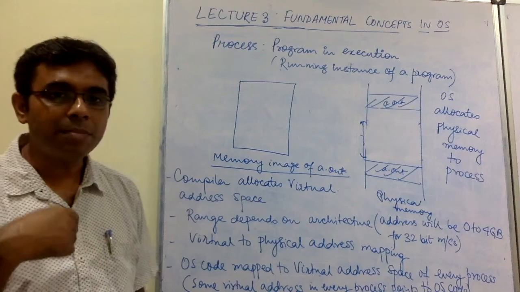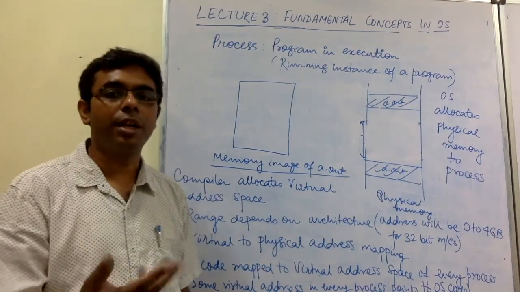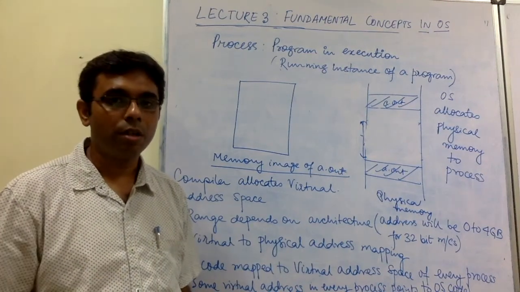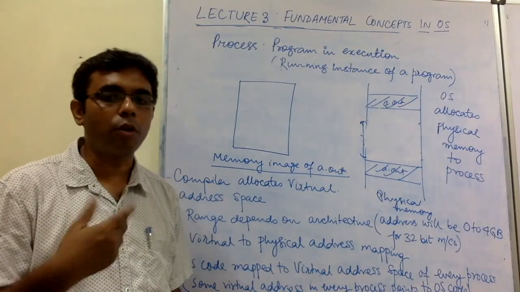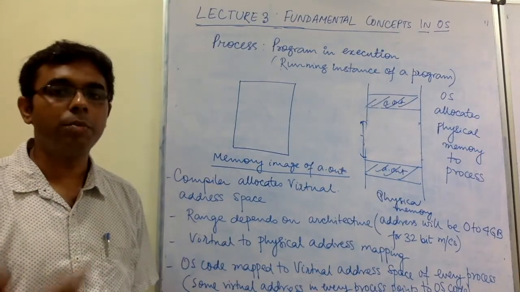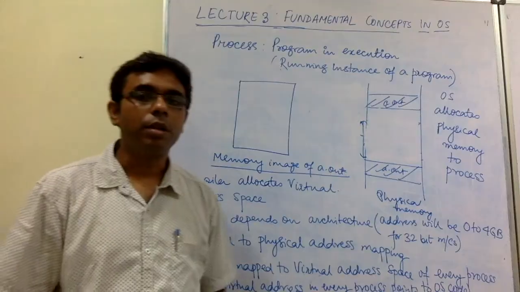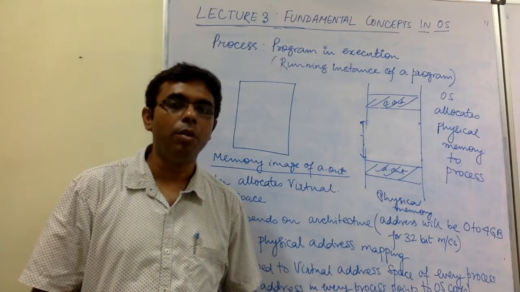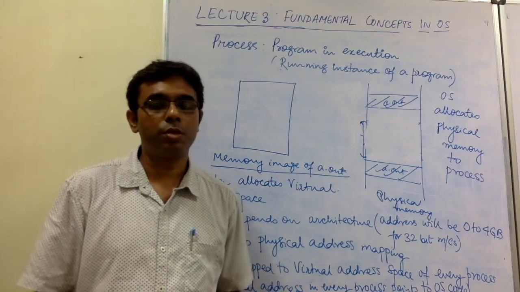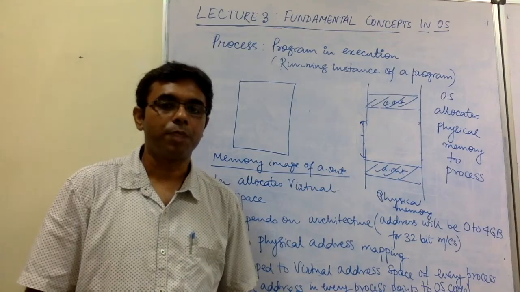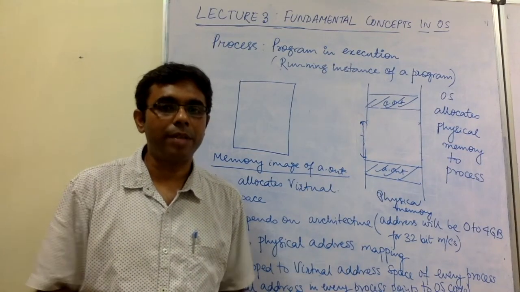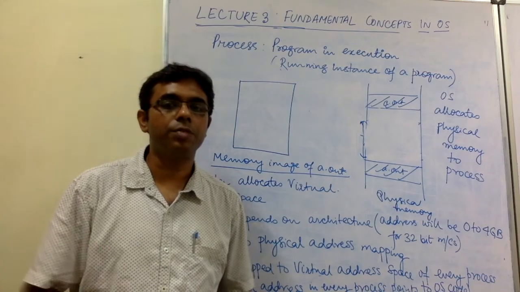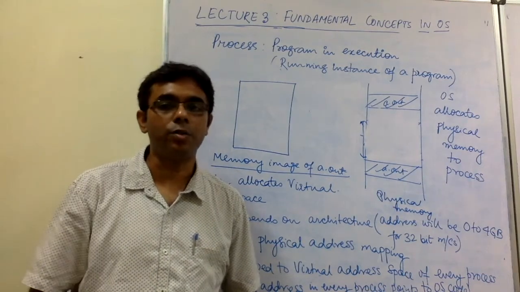So the maximum number of addresses that can be generated for this 32-bit machine is 2 to the power 32, because the address is generated by the CPU through a register called the program counter. If that is of size 32, the maximum range of addresses that can be generated is from 0 to 2 to the power 32 minus 1.